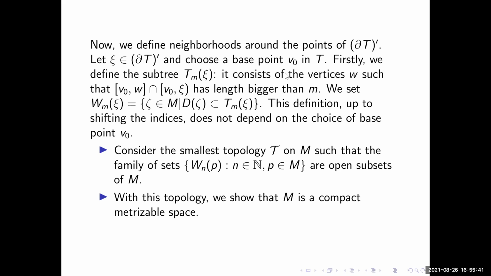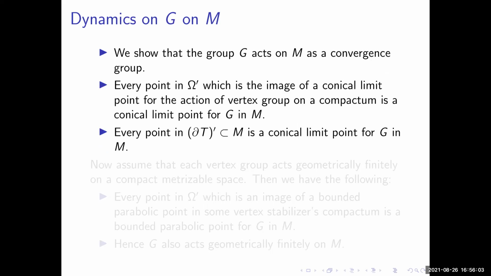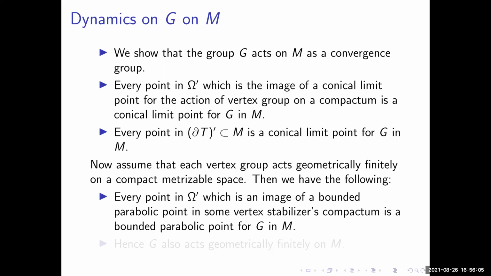That is, G is a convergence group. But now we assume that each vertex group acts geometrically finitely on a compact metrizable space. In this, every edge group is immediately bounded parabolic for the vertex group.